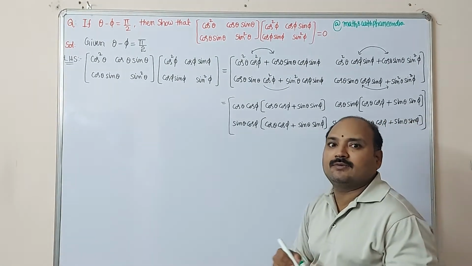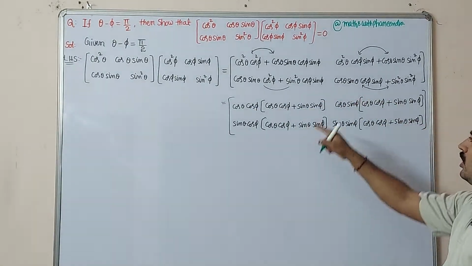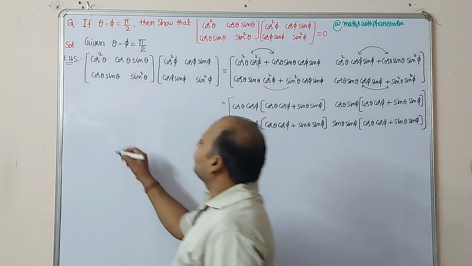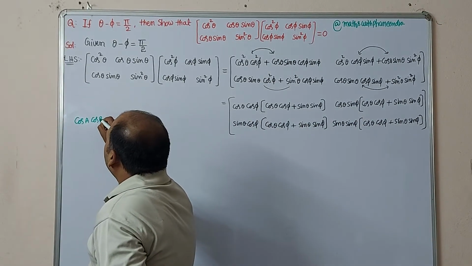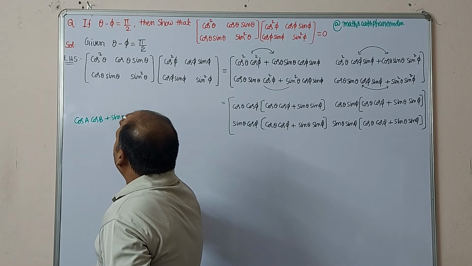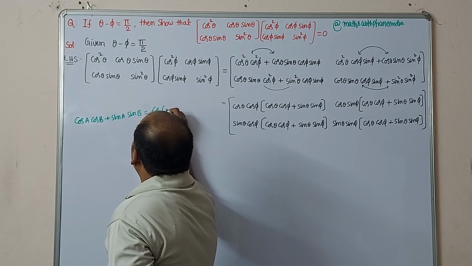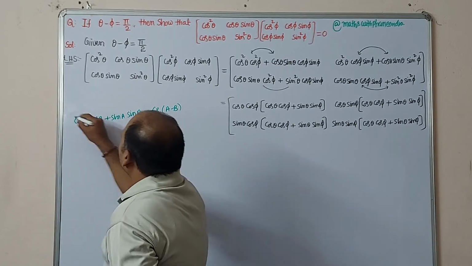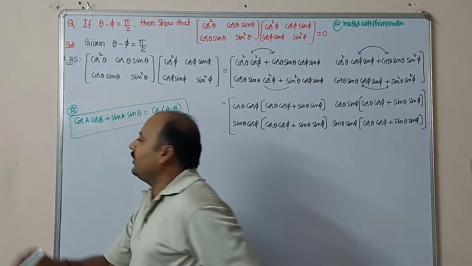We know that this bracket value, observe carefully, in all the terms, cos A cos B plus sin A sin B is equal to cos of A minus B. Everyone remember, this is the formula from trigonometry.